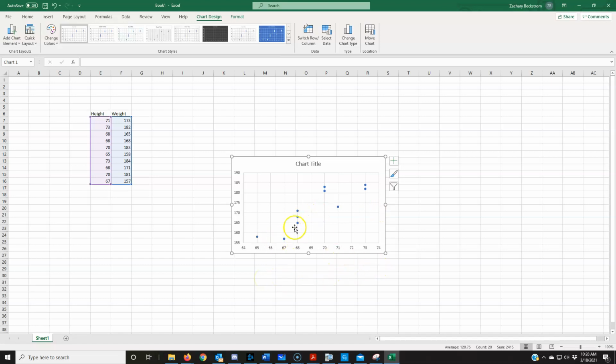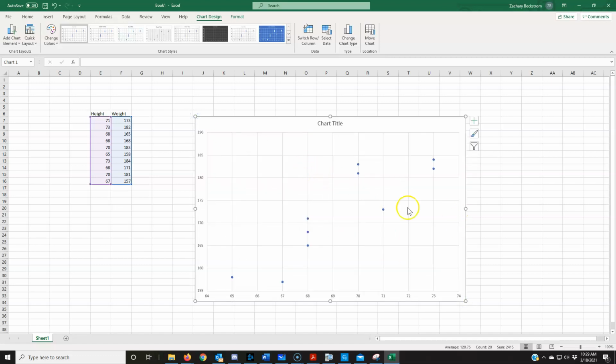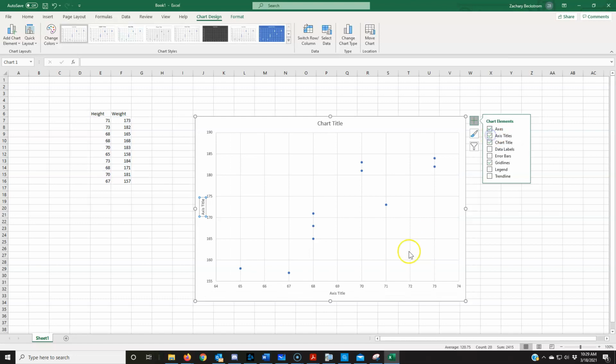So notice that I have a lot of the same heights and different weights here. So I'm going to expand mine out a little bit here, make it a little bit bigger. And let's go ahead and label mine up a little bit so I can add some titles to it. So down here, this is my height on the bottom.